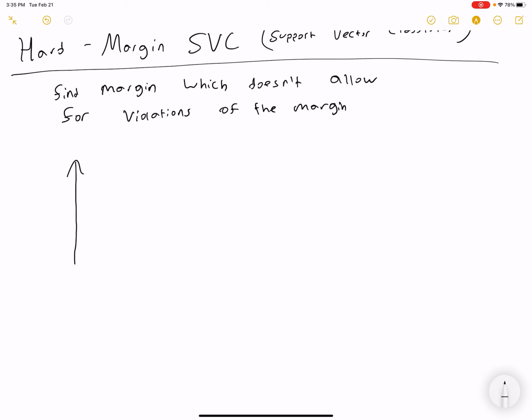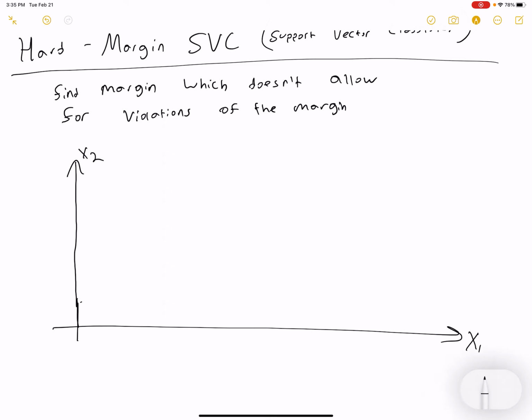And so let's start putting all this to math, but not too much. So x1, x2, gonna draw some points in one category and some points in another category.